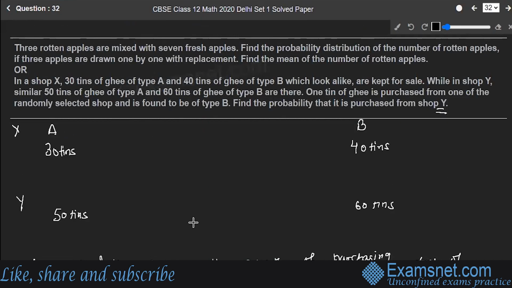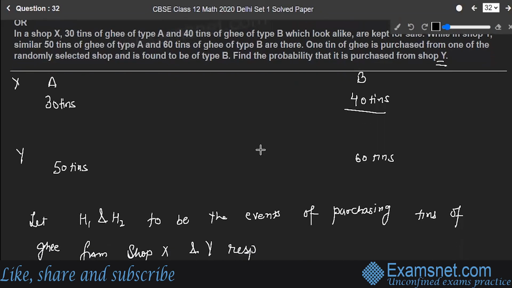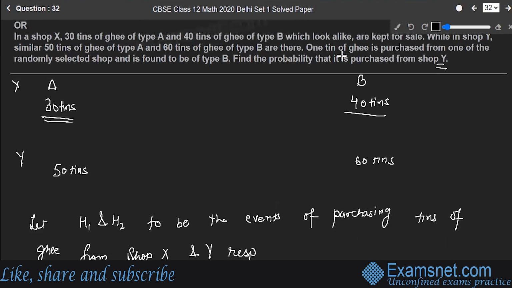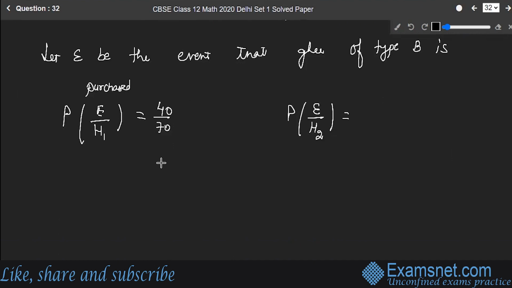Now how is that? It is 40, and this is the total of 40 plus 30, so this is 40 upon 70. Similarly, the probability that type B ghee is purchased from shop Y is equal to 60 upon 60 plus 50, which is equal to 60 upon 110.